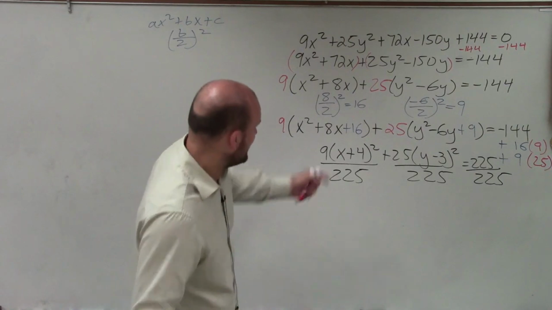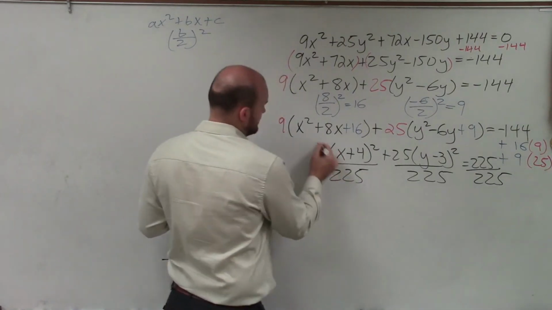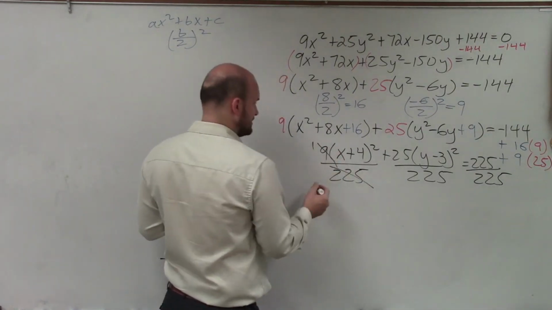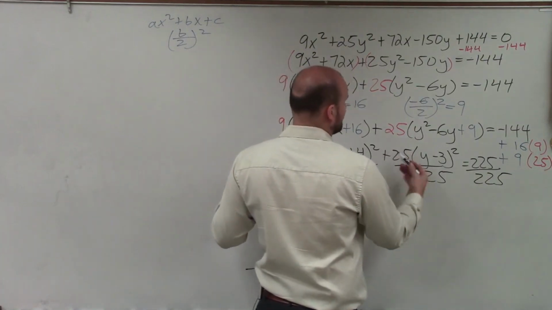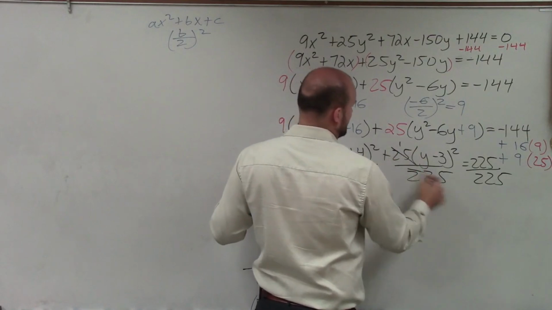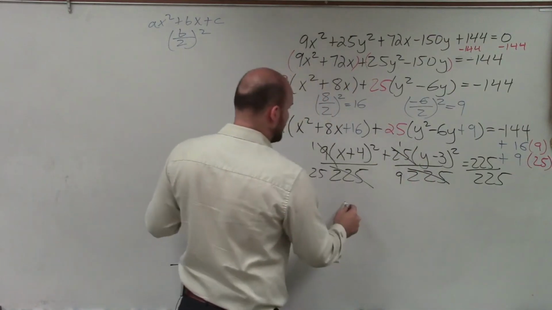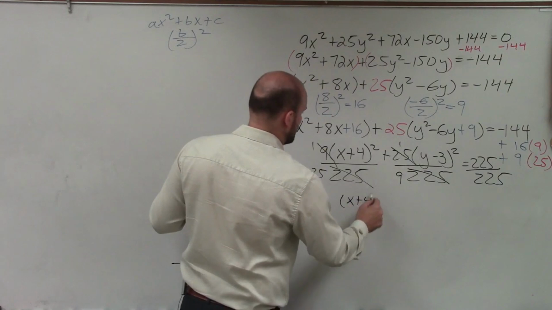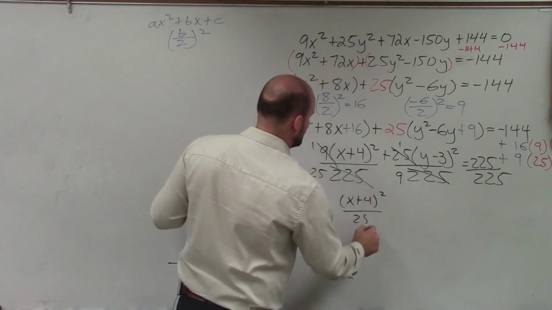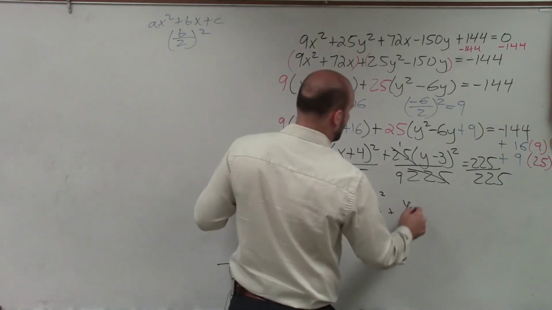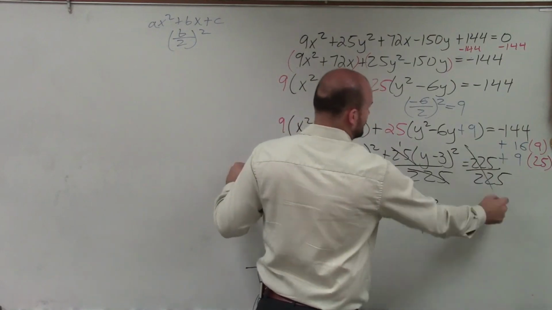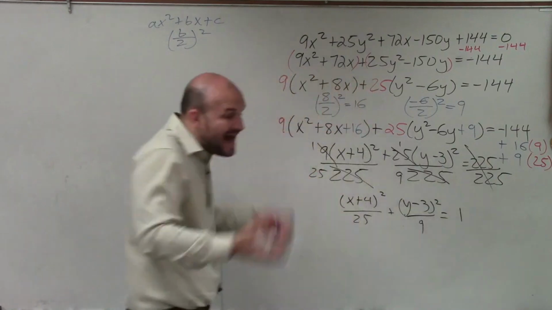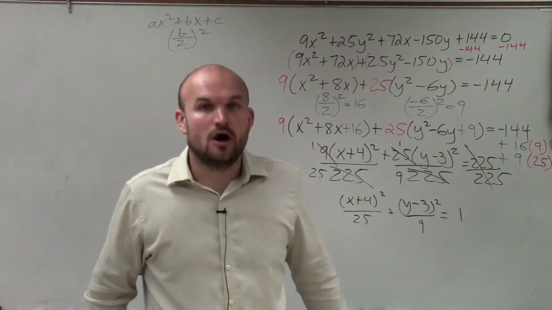OK, so when I divide these, this goes to 1. That goes to 25. Divide by 25, or factor out 25. That goes to 1, and that goes to 9. Therefore, I have the standard equation, (x plus 4) squared over 25 plus (y minus 3) squared over 9 equals 25 over 25 equals 1. Now I can graph my equation.